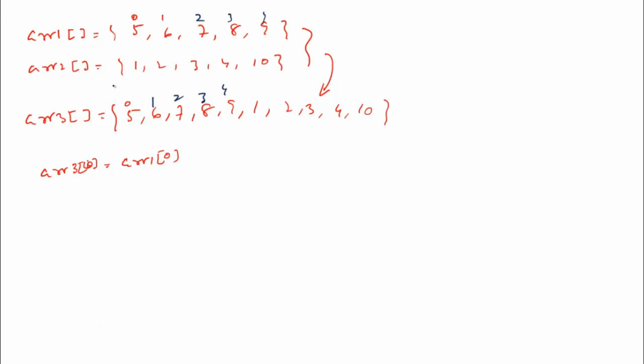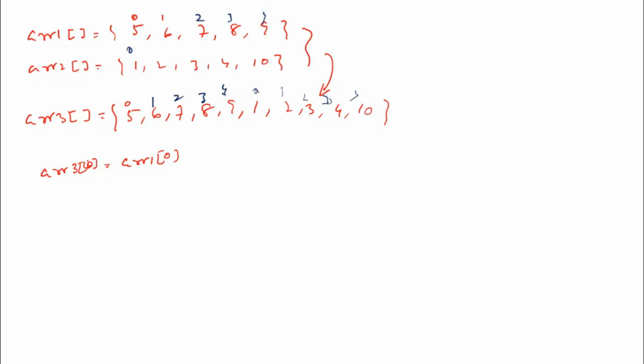Now in the second array it will start again from the 0 position. But in the final array, that is array 3, we have entered values till index 4. So I have to enter the 0 position value of array 2 into the 5th position of the third array. So this is the 5th position, here it will enter this value 0, and then 1, 2, 3, 4; these are the index numbers of array 2.